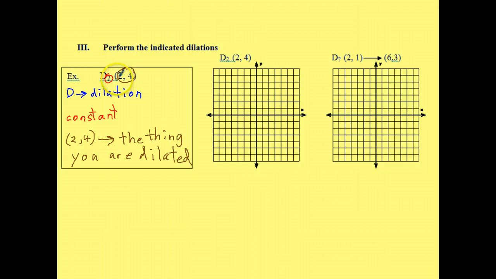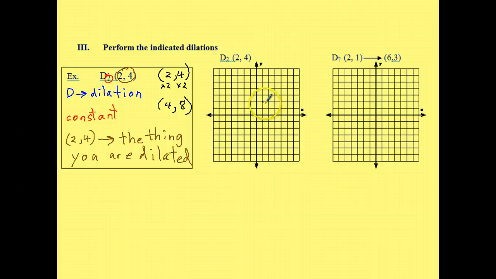It's not that the point gets bigger, it's that the numbers in the point get bigger by times 2. So let's write 2, 4, so times 2, both of them, times 2. And we have a new point of 4 comma 8.